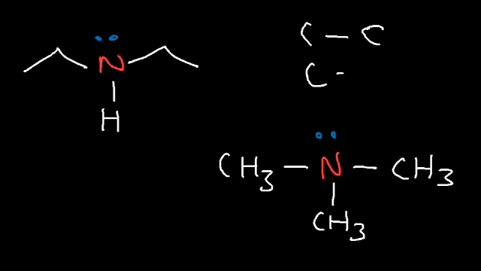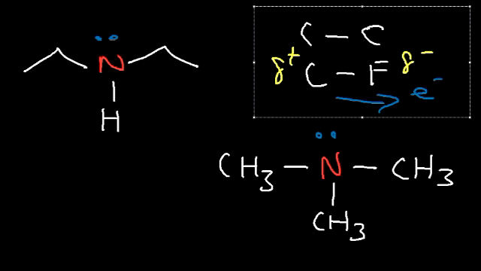But let's say you have a carbon-fluorine bond. Fluorine is more electronegative than carbon, so it's going to pull the electrons toward itself. And fluorine is going to acquire a partial negative charge. Carbon is going to acquire a partial positive charge. And so you have a polar covalent bond. It's still covalent because the electrons are shared, but the fact that they're shared unequally, because fluorine is more electronegative, makes it a polar covalent bond.